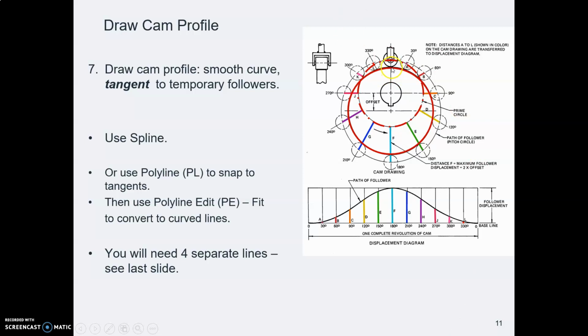We go tangent, tangent, tangent, tangent with a spline or a polyline. These followers are tangent to the surface of the cam, aren't they? Every place the cam is, there's a follower tangent to it. So we mimic that by using, I recommend, a spline, tangent to each of those followers.